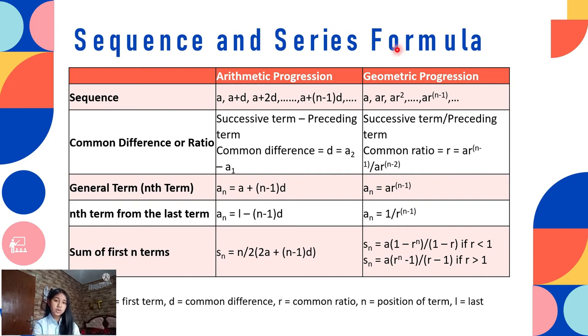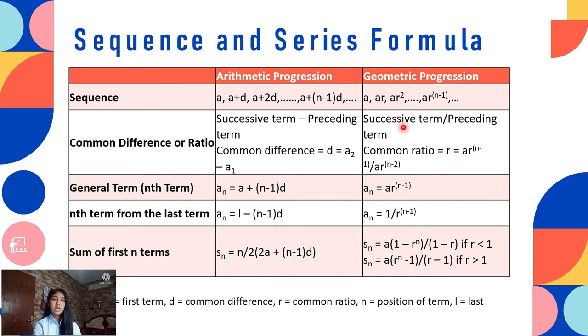Next, about the sequence and series formulas, which have two types: arithmetic progression and geometric progression. For the formula, first is the sequence: in arithmetic, a, a plus d, a plus 2d, until a plus (n minus 1) times d, and in geometric, a, ar, ar squared, until ar to the power n minus 1. And common difference or ratio: in arithmetic, the common difference d equals a sub 2 minus a sub 1.